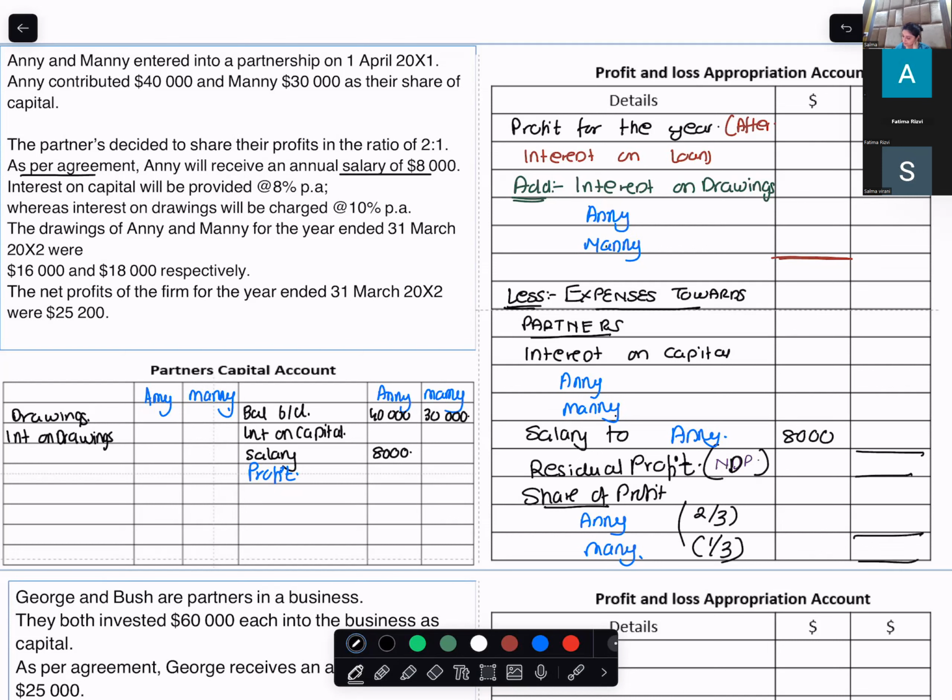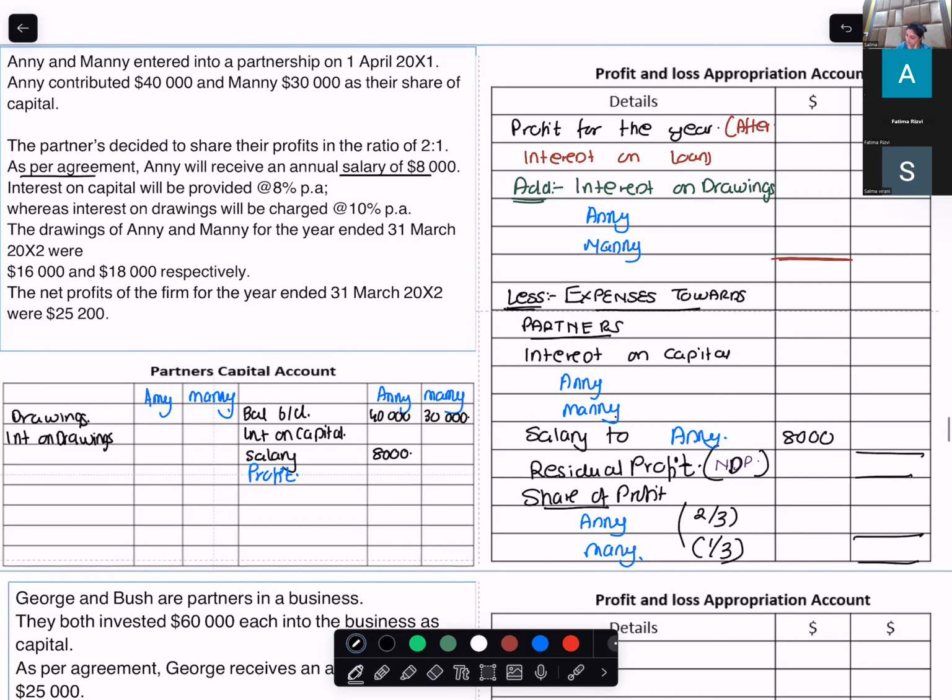Okay, interest on capital will be provided at 8% per annum, whereas interest on drawings will be charged at 10%. Stop. Calculate immediately. What is the interest on capital amount? For Annie, it's 3,200. For Manny, 2,400. 40,000 into 8%.